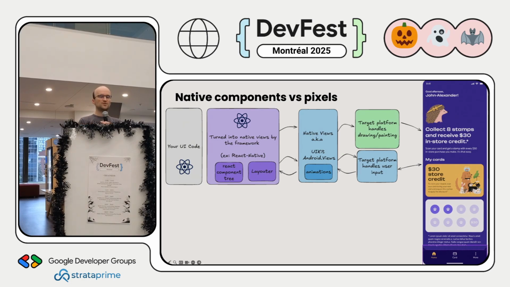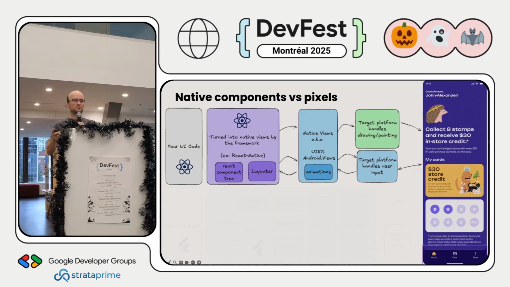The styling and everything is computed within the React Native system. And then it's sent as native views to UIKit and Android views to render animations and all that. So the blue and green sections are handled by the operating system to display that on screen.